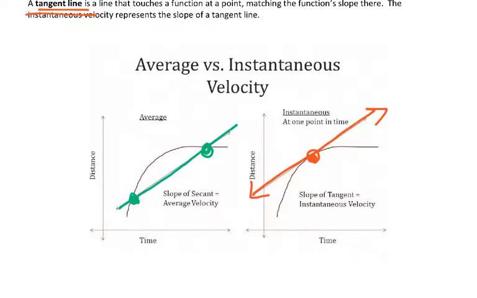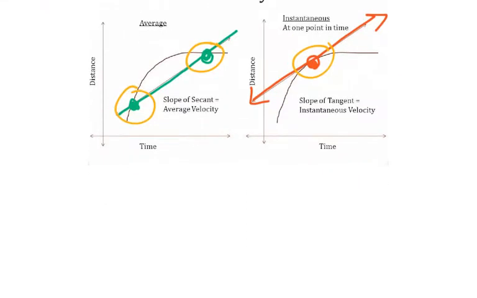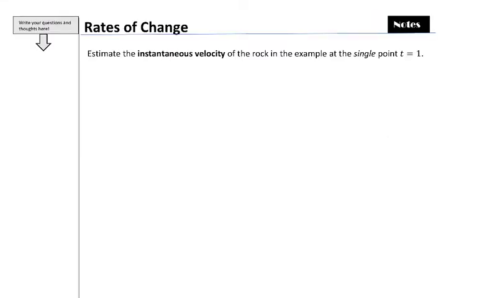Okay, so notice average velocity has 2 points, right? And instantaneous velocity, we're looking at 1. So let's take a look at an example. It says estimate the instantaneous velocity of the rock in the example at the single points.